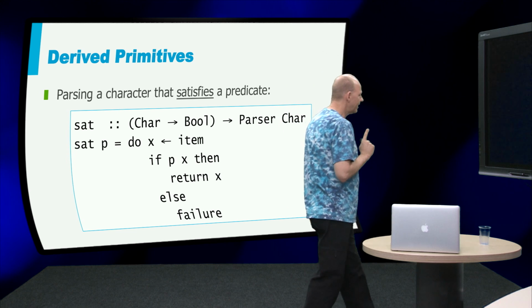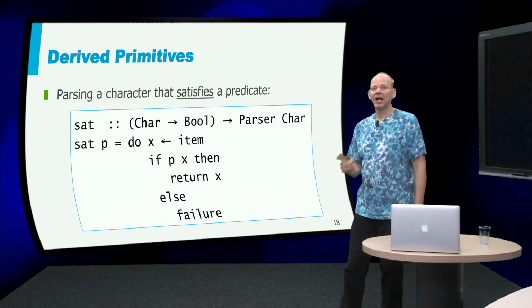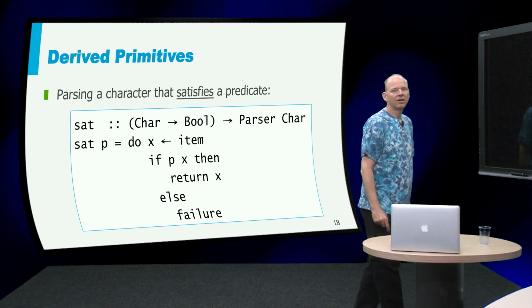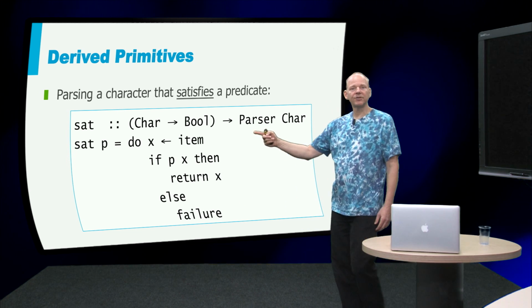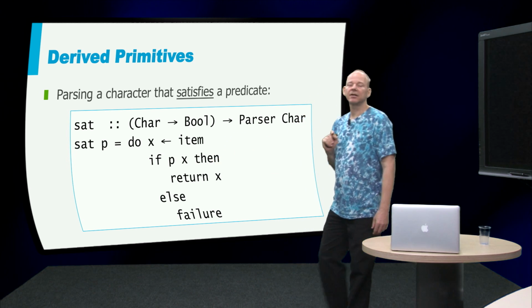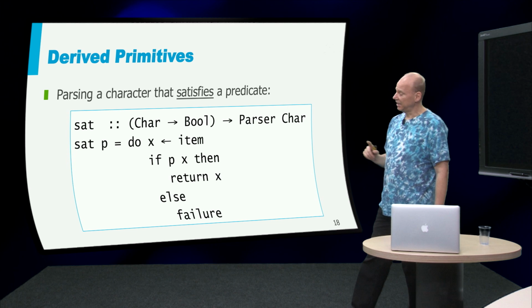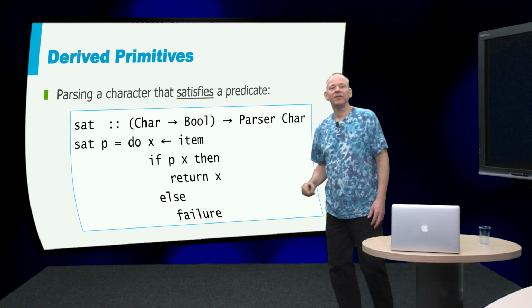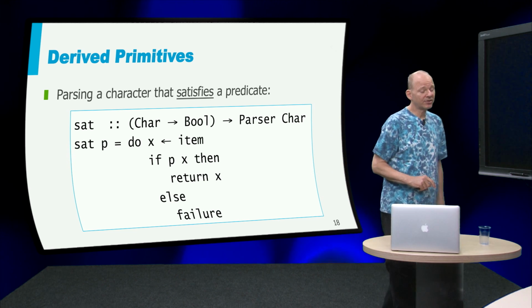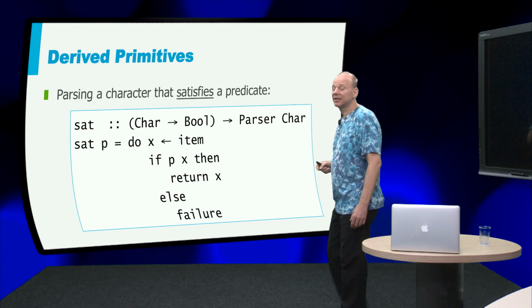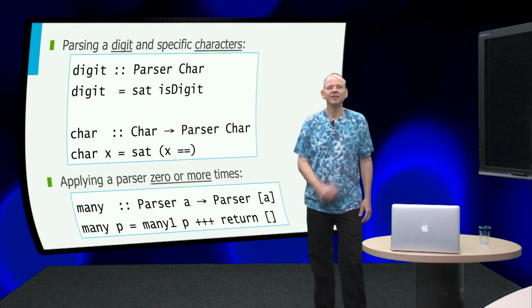If P of X does not hold, then we have to fail. So this is quite obvious. We try to parse any item, then we check whether the predicate holds. If it holds, we use the parser that always succeeds. And if the predicate does not hold, we use the parser that always fails. So those came in quite handy, huh?